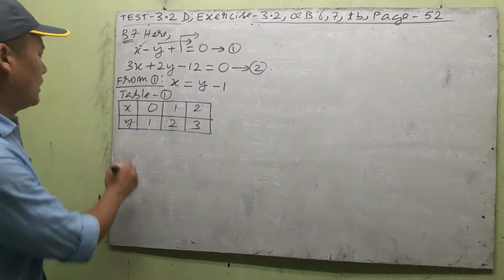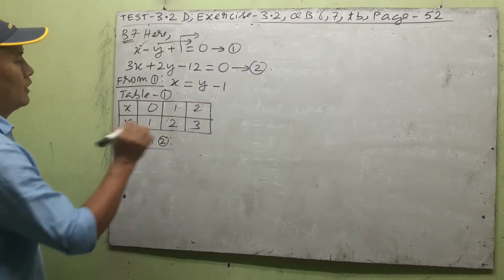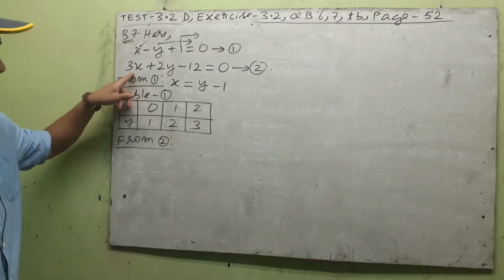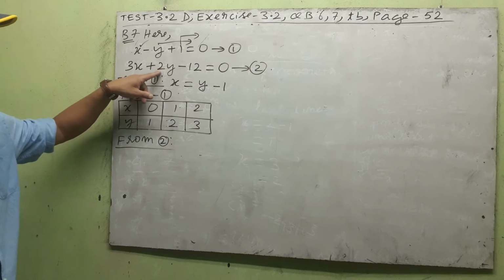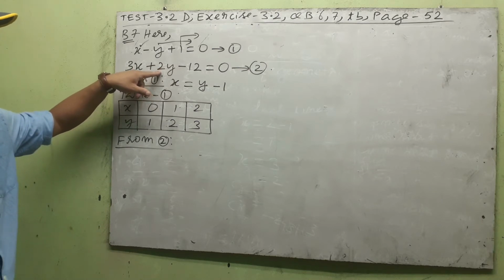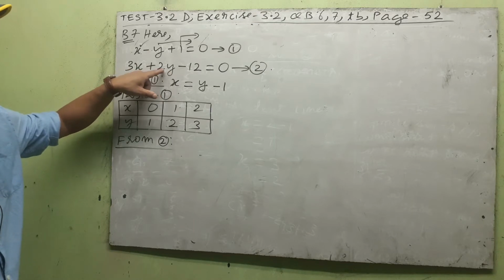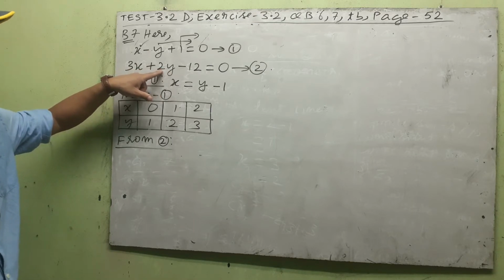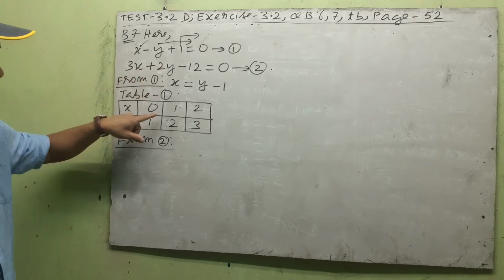Okay, so from equation number 2 now. Now you look at the coefficient of x, it is plus 3, y plus 2. So we have learned previously also several times that taking the variable whose coefficient is the smaller number, 2 rather than 3, makes it easier for us to do this table.